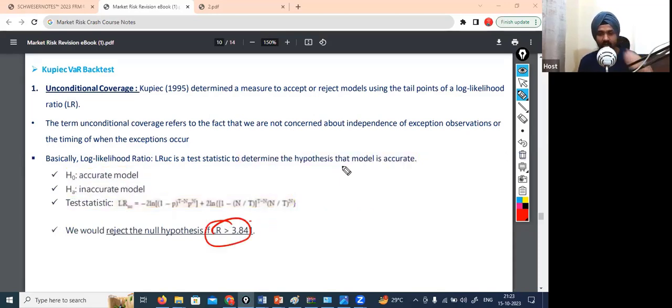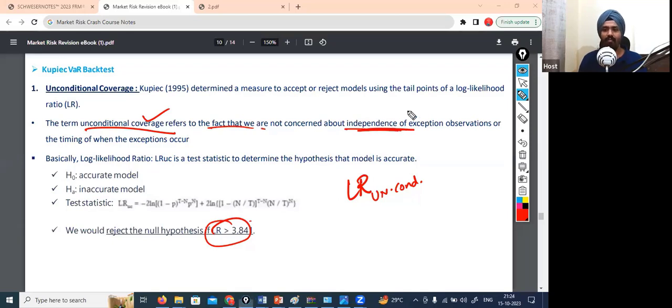If the log likelihood ratio for unconditional coverage... what do I mean by unconditional? Unconditional coverage means we are not concerned about the independence of exceptions or the timing of when the exceptions occur. We are not concerned about when the exceptions happen within a year.